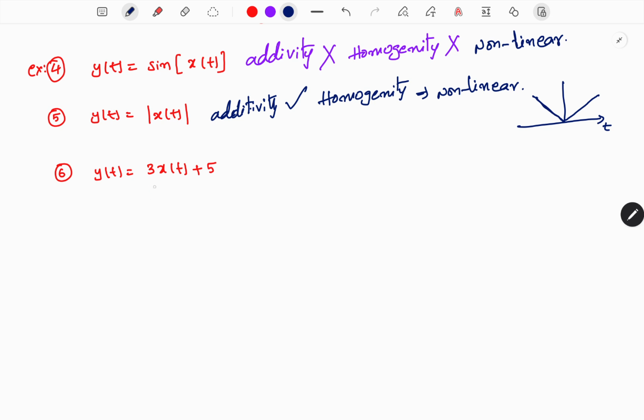Similarly, example 6. This example 6 also we can say directly is nonlinear because here some constant is added. We can see by the graphical method that it is not passing through the origin.